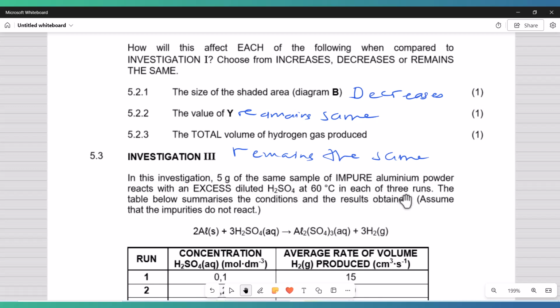In each of the 3 runs, the table below summarizes the conditions and results obtained. Assume that impurities do not react.